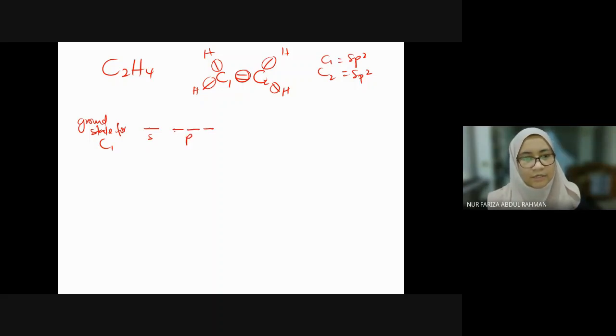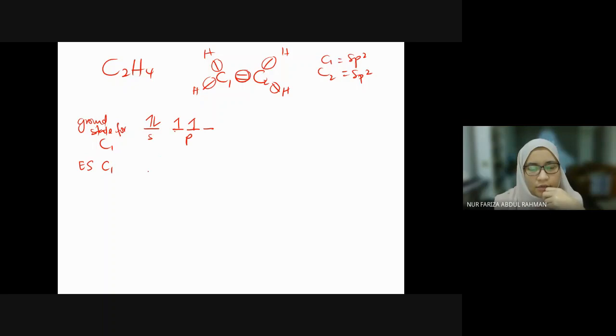The carbon come from group 14 kan. Group 14, that means it has 4 valence electron. 1, 2, 3, 4. Okay, right. So excited state. Saya pakai short form lah ya. Excited state for C1. Okay.